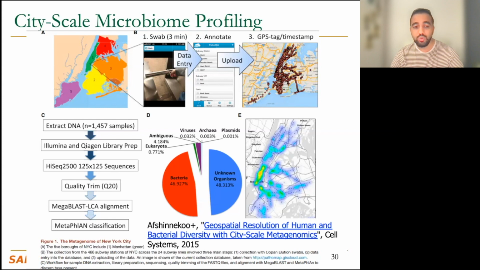Then they tried to do genomic or metagenomic studies to figure out what we have in all these stations. So there was about 50% bacteria and the other 50% unknown organisms. And that is to show you that we still don't know much about all these kinds of microbiome.